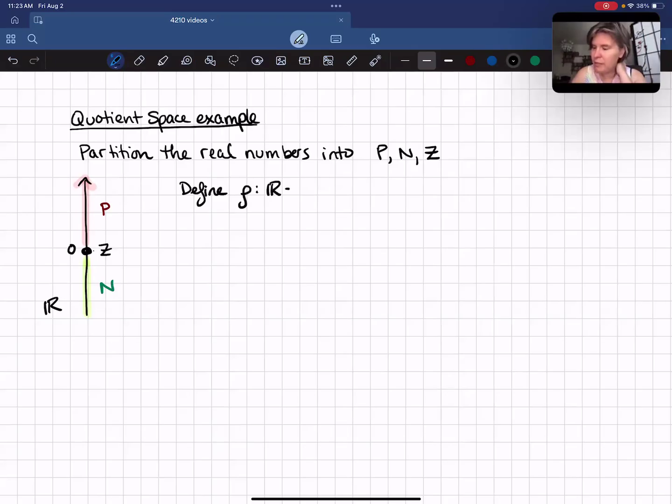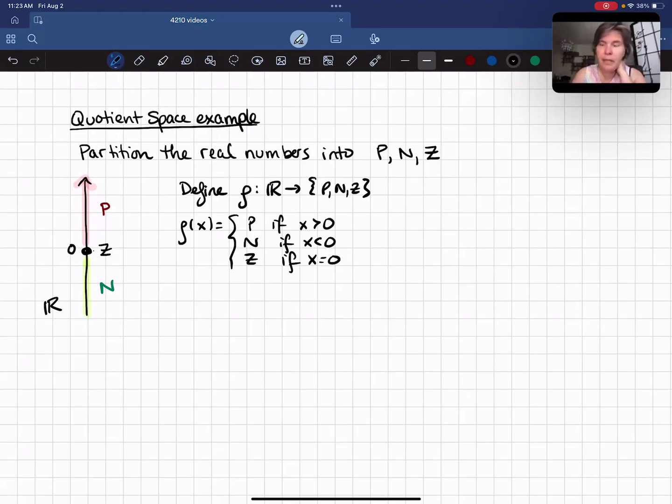from the reals to the set P, N, and Z such that rho of x is P if x is positive, N if x is negative, and Z if x is 0.